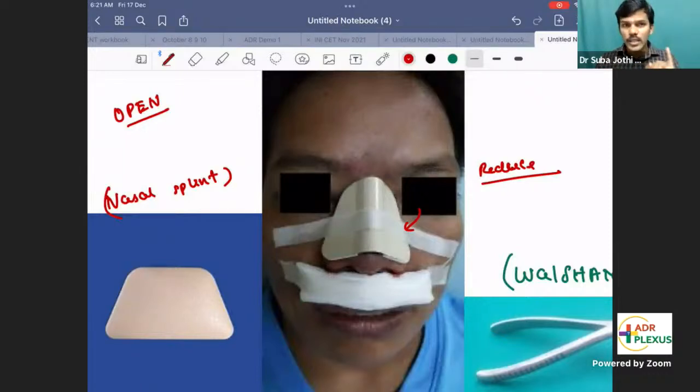Closed reduction is most commonly done, and it can be done in local anesthesia also. Open reduction is done for open injuries or fracture segments which can't be reduced by closed reduction. These are the two indications for open reduction of nasal bone. So that ends the fracture nasal bone.